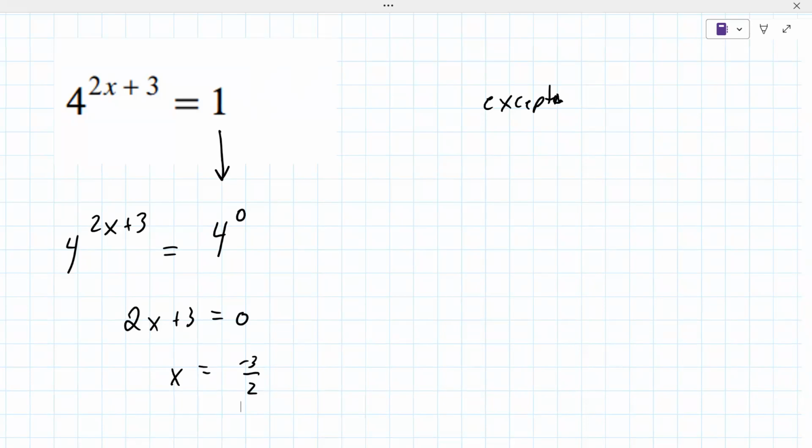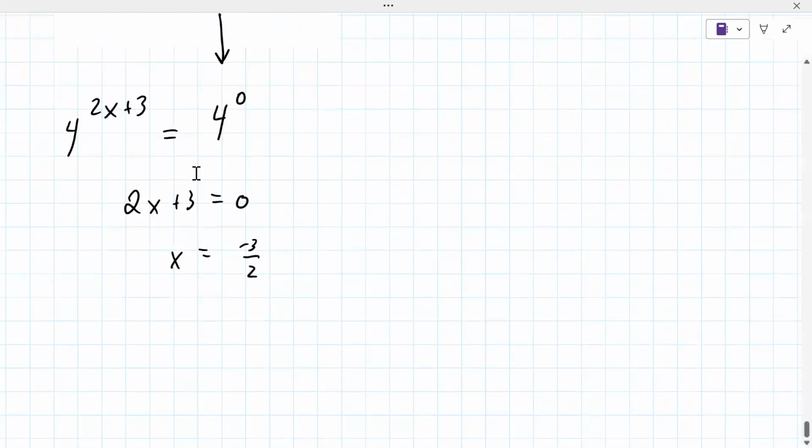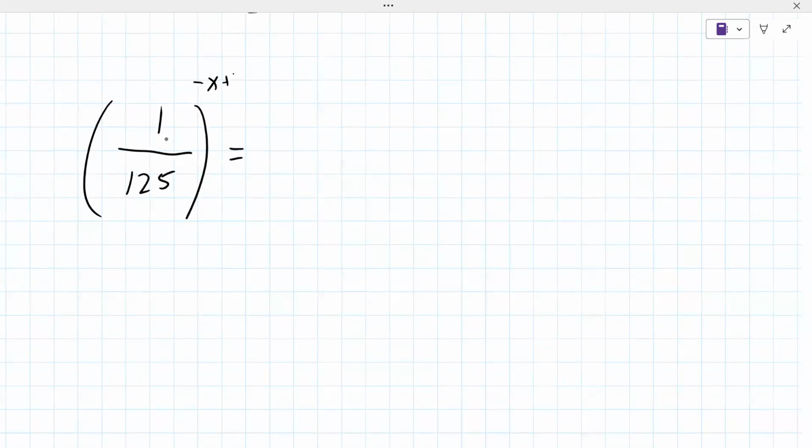Okay. Now, the other way that they make these more complicated, besides this whole base thing, and we'll do one of these, they might give you 1 over 125 equals 25 to the 3x minus 4 power, with the left side raised to the minus x plus 2.